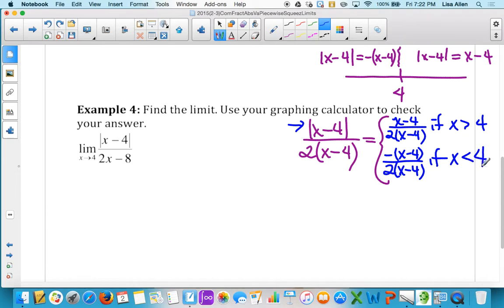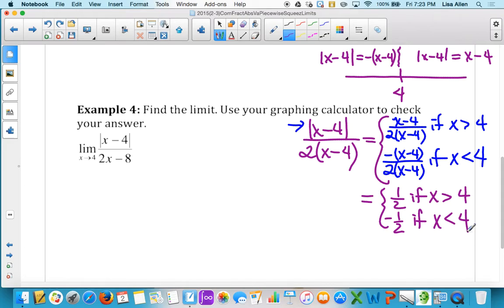So let's rewrite this a little bit simpler. This becomes equal to 1/2 if x is greater than 4, and it's equal to -1/2 if x is less than 4.